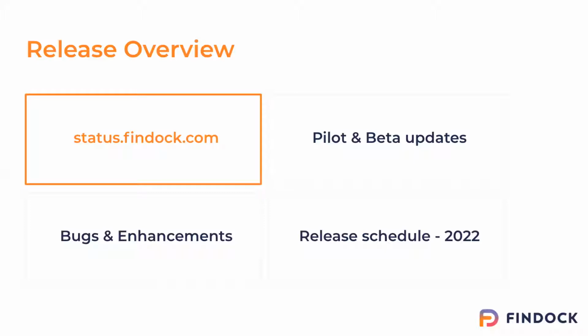Then we have this time a very long list of enhancements and updates we made to several parts of the product. And last but definitely not least, we have some upcoming changes about our release schedule I'd like to make you part of and share our thinking around for the coming year 2022.